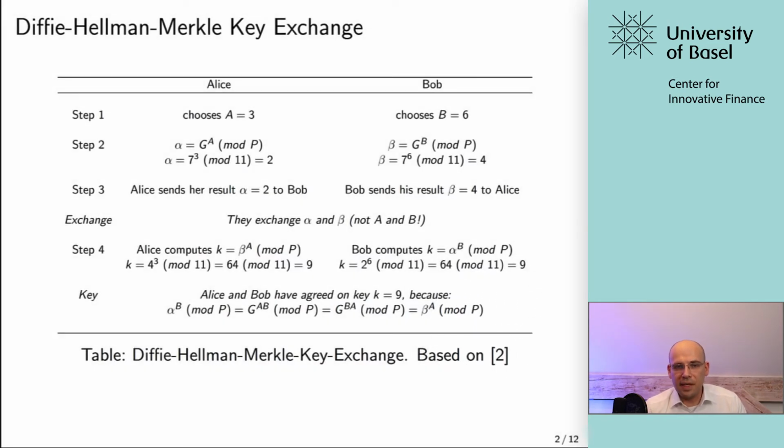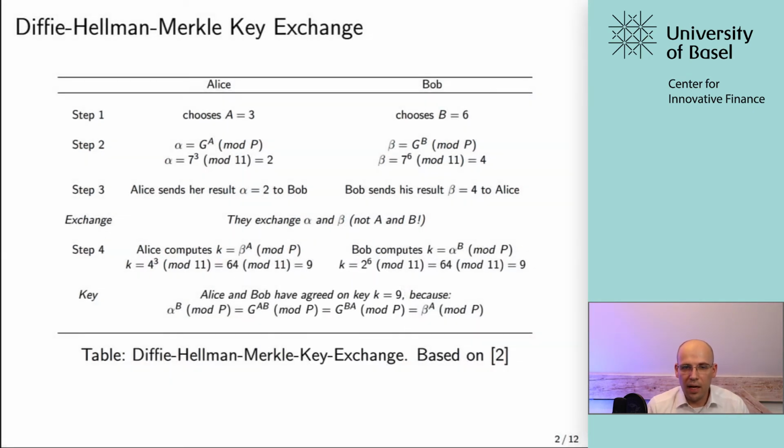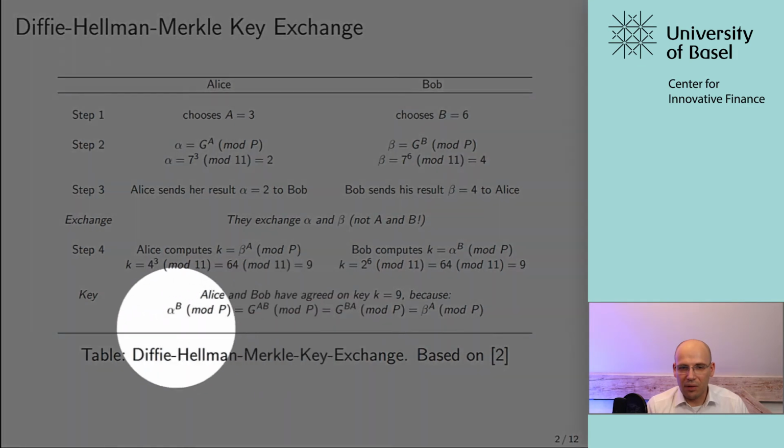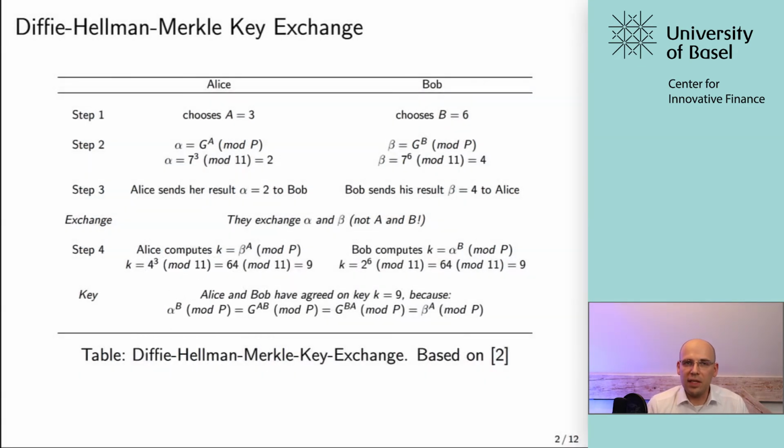Okay, and as you can see, these are various alternatives to compute K, but none of these are accessible to an eavesdropper, because there's always some information in there that isn't publicly known, and that's the idea and the intuition why Eve will not be able to come up with this value.